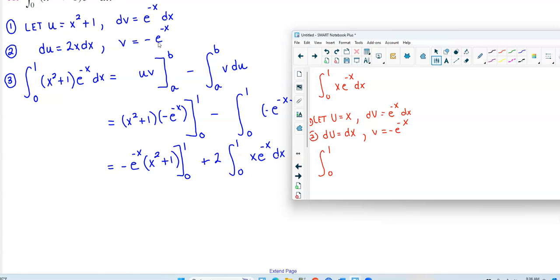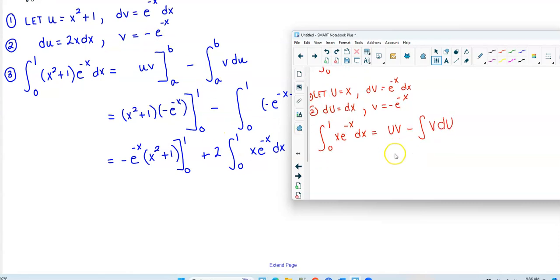So we got 0 to 1 x e to the negative x dx. And that's going to equal capital U times capital V minus the integral of capital V du. So we know that this is going to be x times negative e to the negative x going from 0 to 1 minus the integral of v du going from 0 to 1.